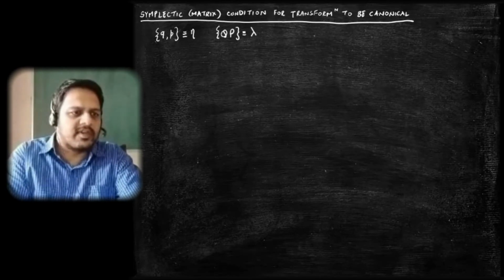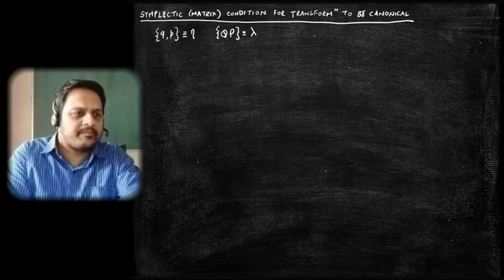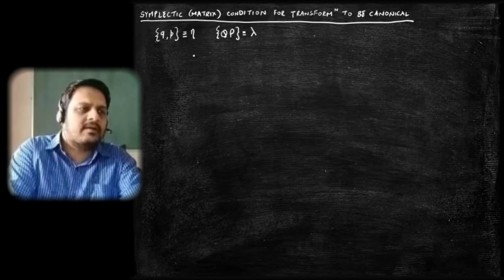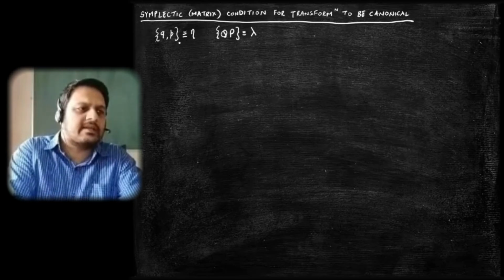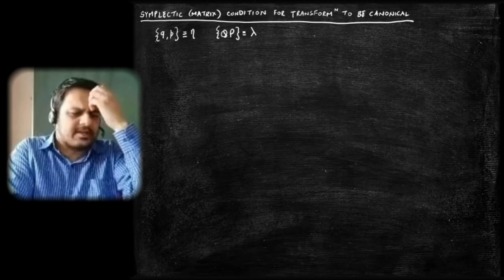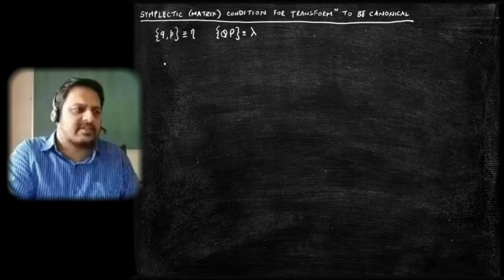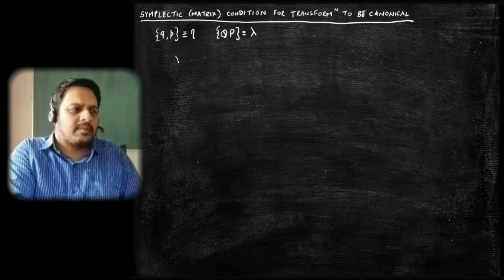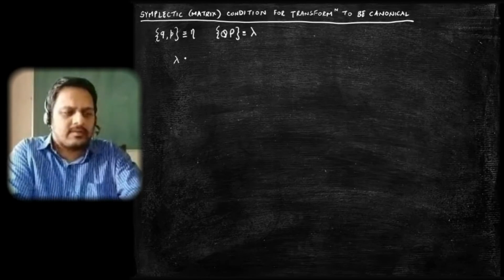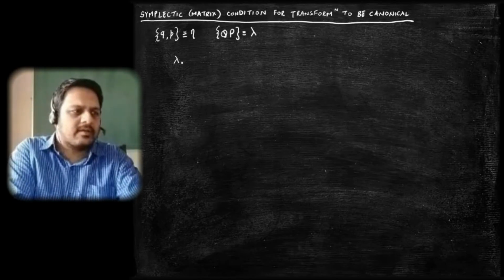So we will use a much simpler symbol, lambda. And since lambdas are functions of the etas, which is to say that capital Q, capital P are functions of small q, small p, we can write this down in a simple manner.